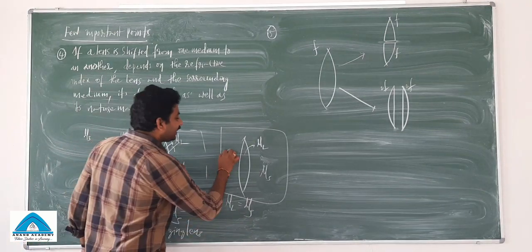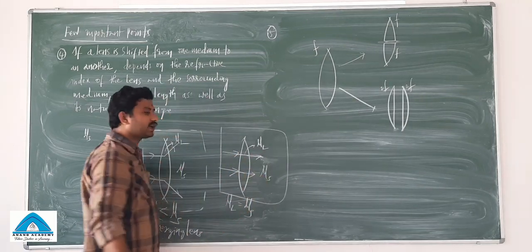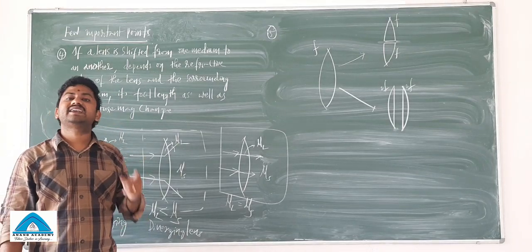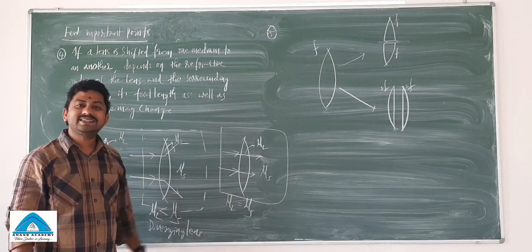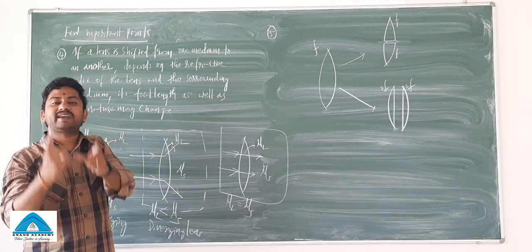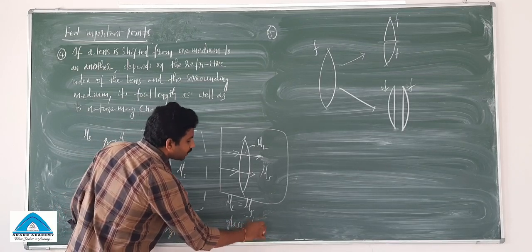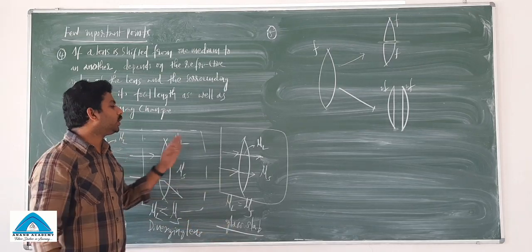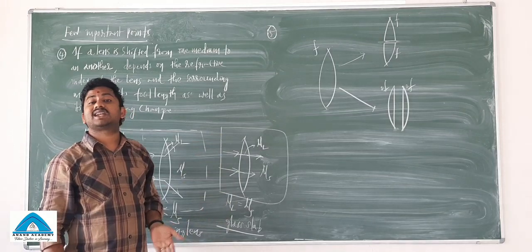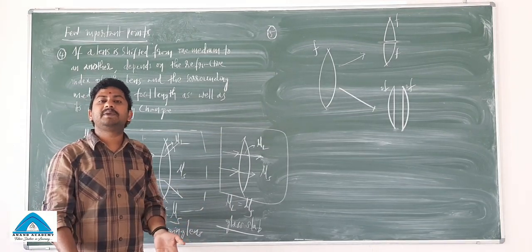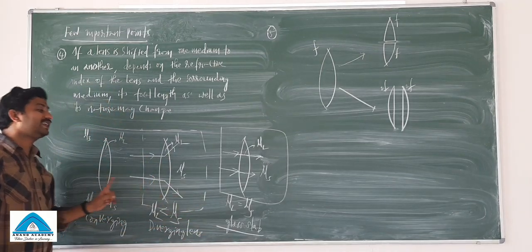In this case, when light rays are incident on it, no bending takes place because the refractive index is the same. So now your same convex lens behaves as a glass slab. If you incident two parallel rays perpendicular to a glass slab, the angle of incidence will be 0 and the angle of refraction also will be 0. So this is how the three situations come.